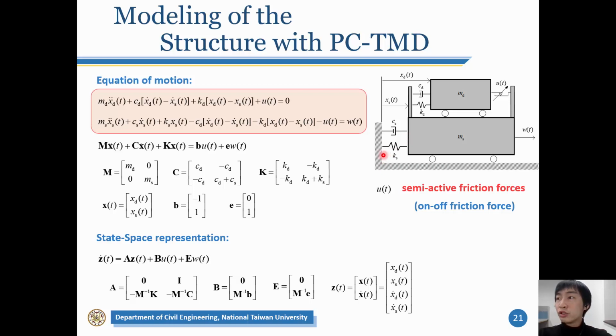Okay, next we show how we model the phase control tuned mass damper in a structure. We can write the equation of motion of the structure with a phase control tuned mass damper installed. The m subscript d is the tuned mass damper mass, the m subscript s is the structural mass, and u of t is the friction force. And we can rewrite the equation of motion in the state space form.